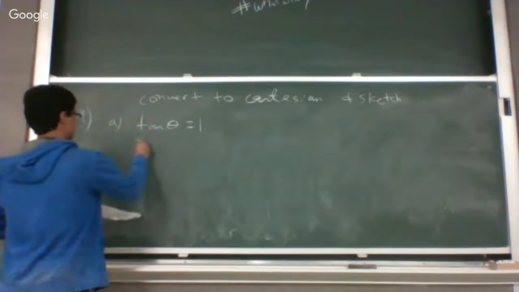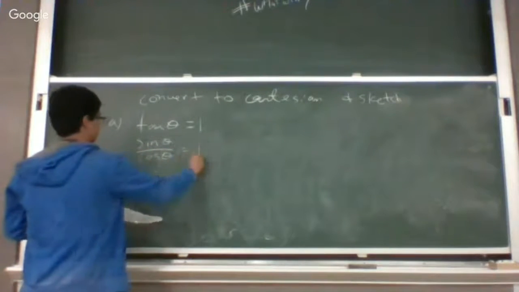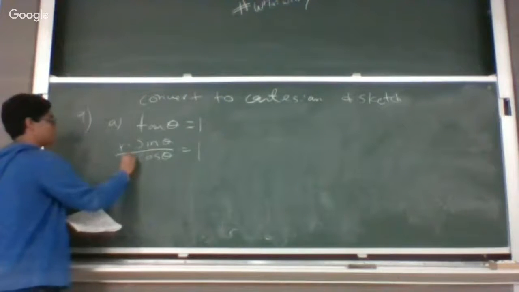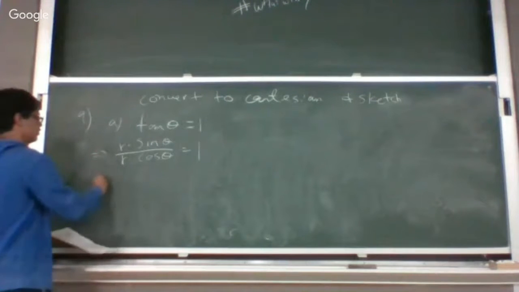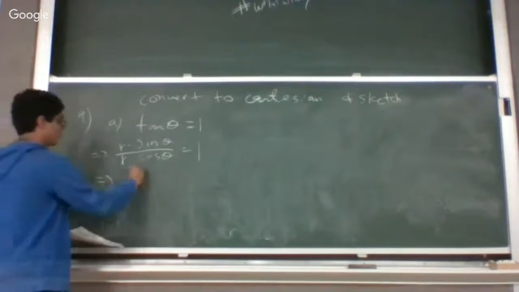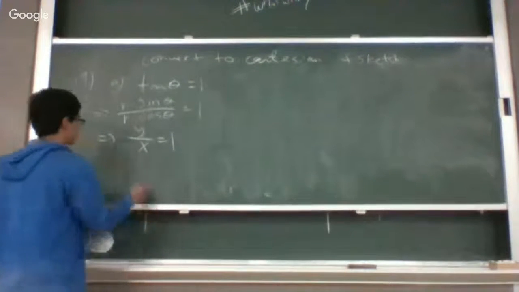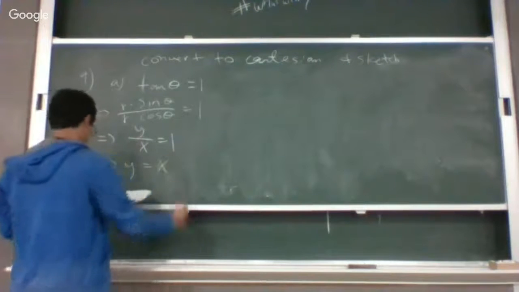So this is sine of theta divided by cosine of theta equal to 1, right? But we can multiply an r on top and an r on bottom. So it's r sine theta divided by r cosine theta equal to 1, which is y over x equal to 1. So we have the equation y equal to x.